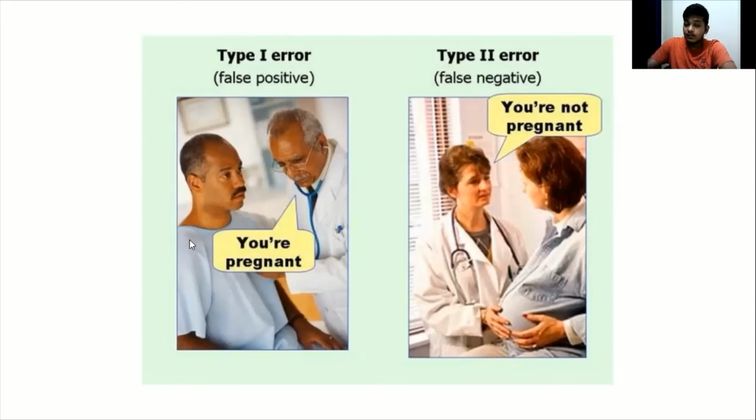The model gave the result positive but it was actually negative, so this is false positive, type 1 error. And type 2 error is false negative, when a lady is actually pregnant but the model says she's not. Okay, so these are the errors, type 1 and type 2, a very simple explanation, and I hope this is clear.